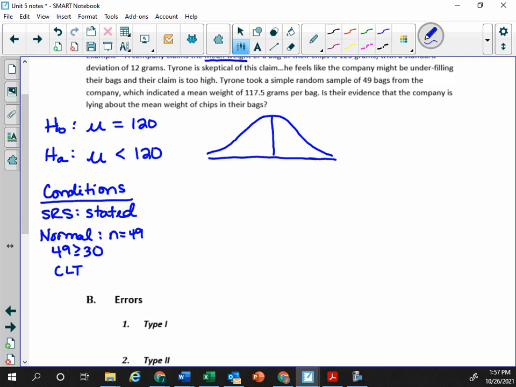That's what always goes in the center. 120, yes. And then what did we find for x bar? Yeah, that's the other piece that goes on there. So this is our 117.5. And our alternative helps us see what we're shading. We said less than this, so we are shading to the left of our mean.